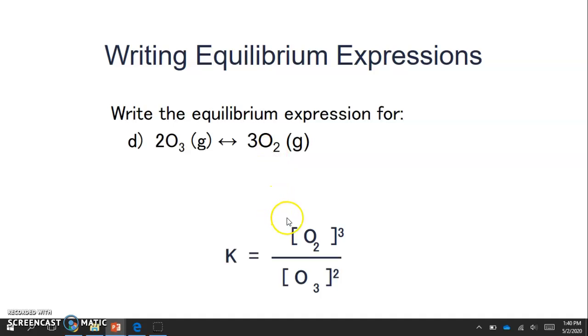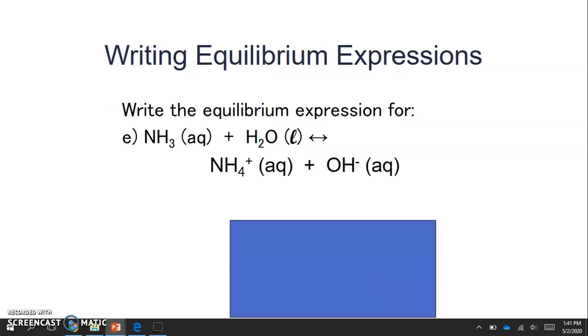So we're going to put O2, just the compound, in the brackets to show the concentration of O2. You've got a coefficient of 3, so that becomes the exponent for your product. Now our reactant's going to go on the bottom. We've got O3 over here, and then we've got a coefficient of 2. So that becomes an exponent of 2.